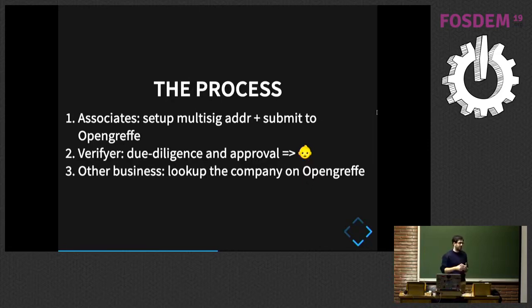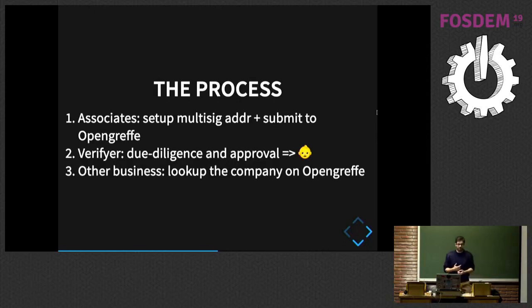Once verifiers have done their job, the company actually exists from this point on. And then the last step is just to give sense to all of this. You do that so that other businesses can look you up afterwards.